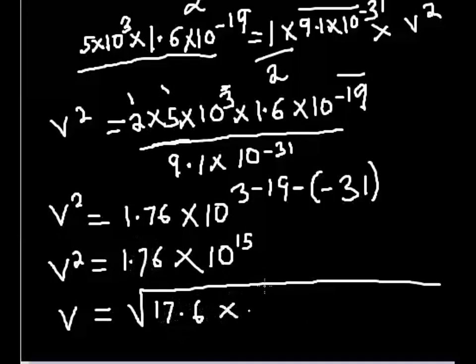Because I've moved this decimal point, this can reduce to 14. So when I want to find the square root, I can just find the square root of powers of 10. Simple, divide the power by 2. It's easier. So I need to make it an even number, so that I can divide it by 2 to have an answer.